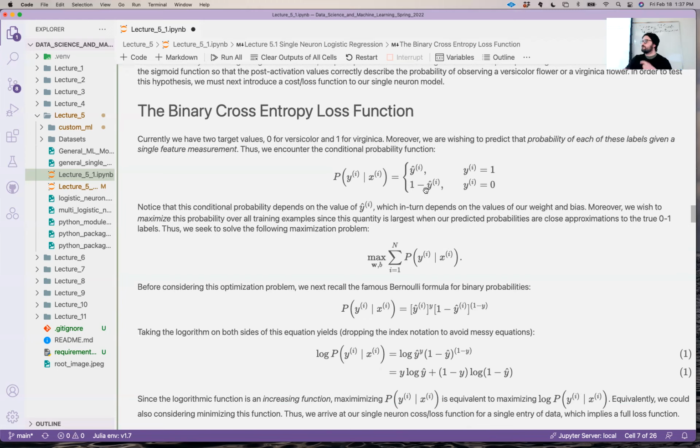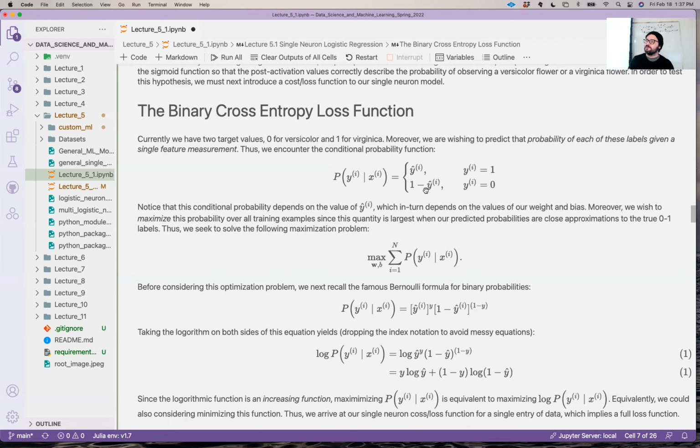So if we're doing well, that probability is close to 1. Does that make sense? If we sum over all training examples and we're always doing well, it's going to be a lot of things close to 1, so it's going to sum high.